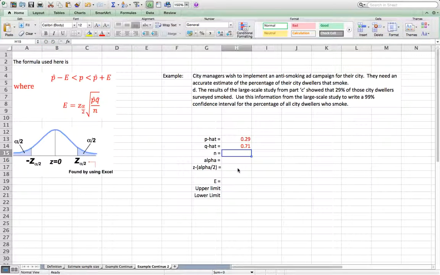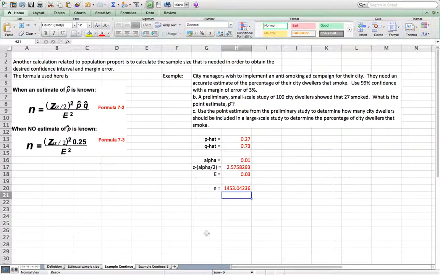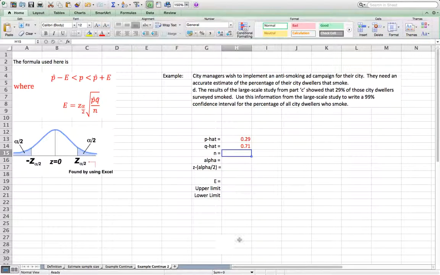So type the equal sign. Now N is the sample size, how many we need from the previous study. The previous study shows we need 1454. So I type 1454. Okay, then alpha is still 99%, equal to 1 minus 0.99.